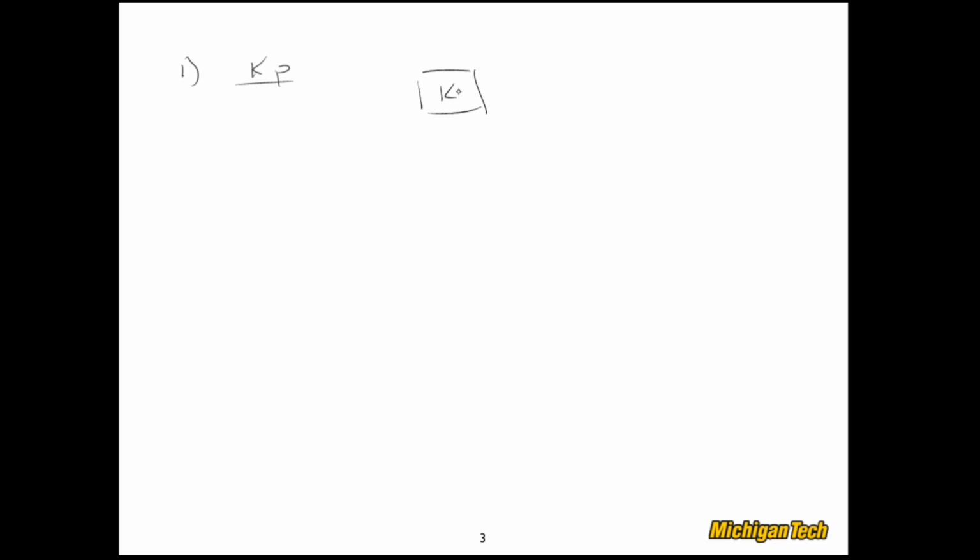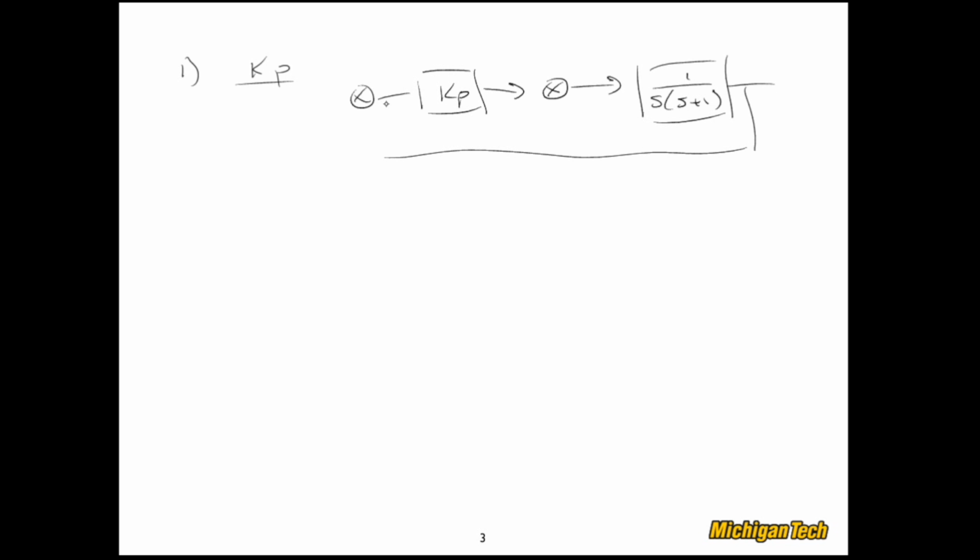So here's my controller now, Kp, and I have this, and I have this feedback, an R, a Y, and a W. Now this is a nice system.